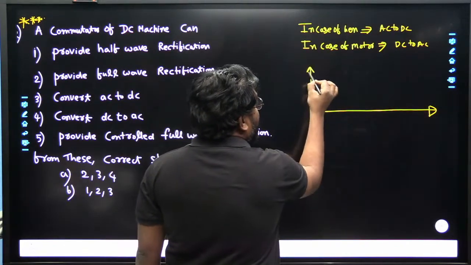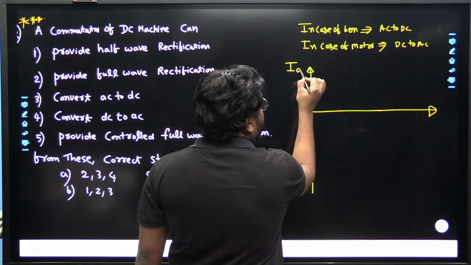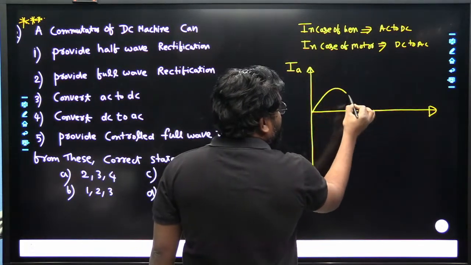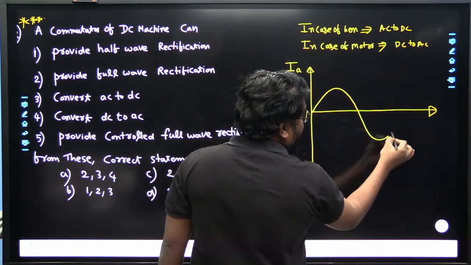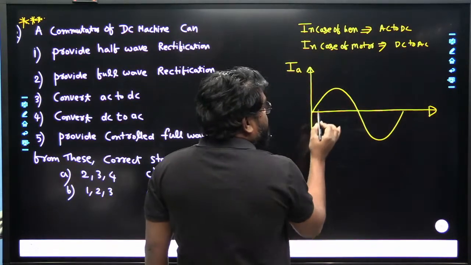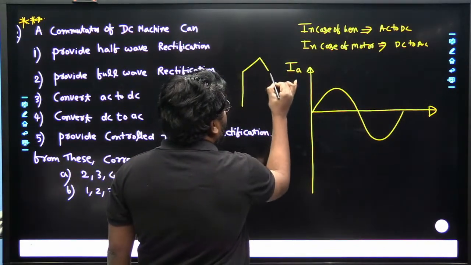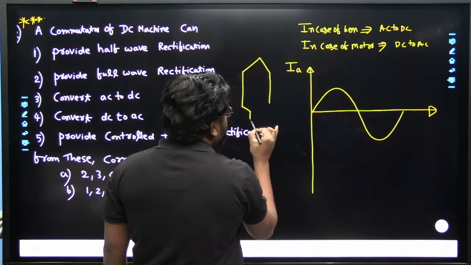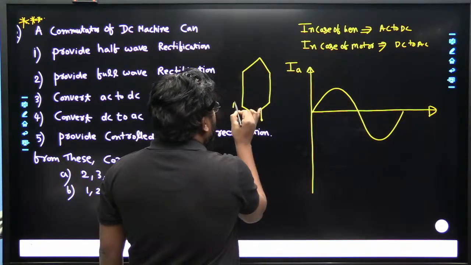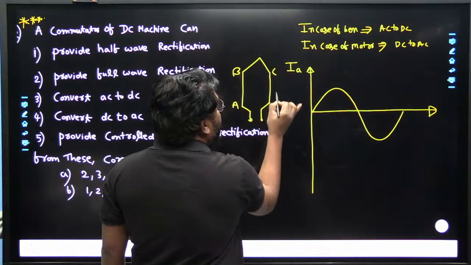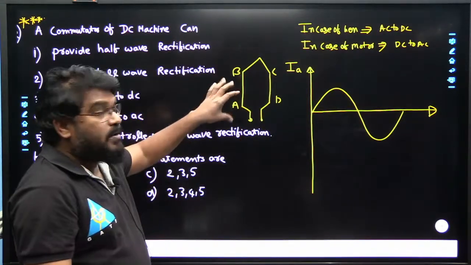The current in the armature coil Ia is positive for one positive cycle, in the first half rotation. In the first half rotation, current flows in the armature coil like this. This is the AB conductor, and CD. Remember? Already we have discussed this point.